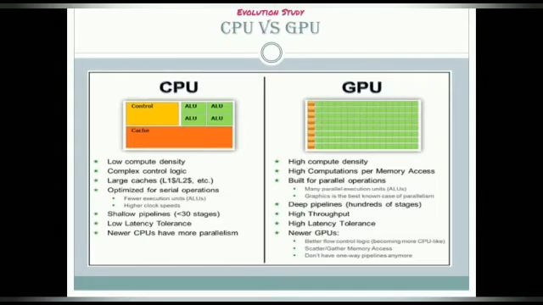Optimized for serial operations in CPU, built for parallel operations in GPU. Shallow pipelines are found in CPU. Deep pipelines, hundreds of stages, are found in GPU. There is low latency tolerance in CPU. There is high latency tolerance in GPU.